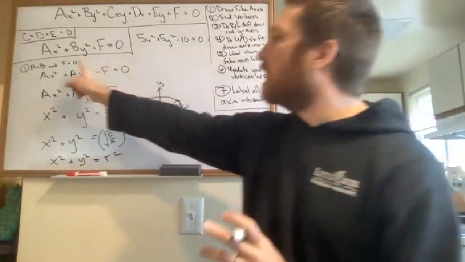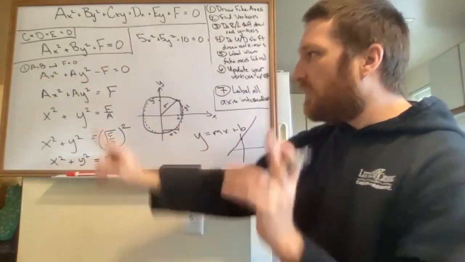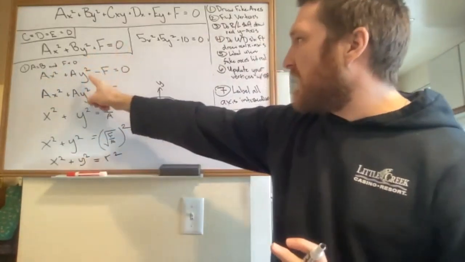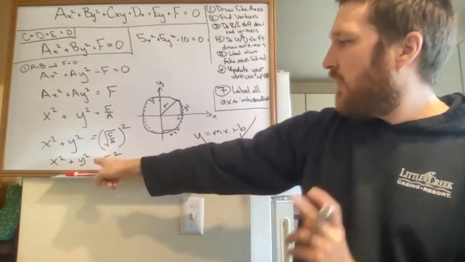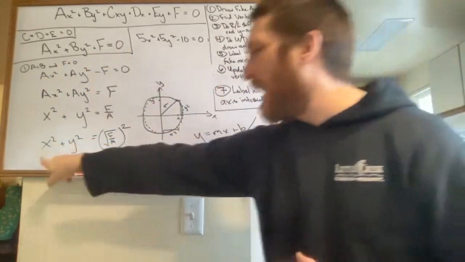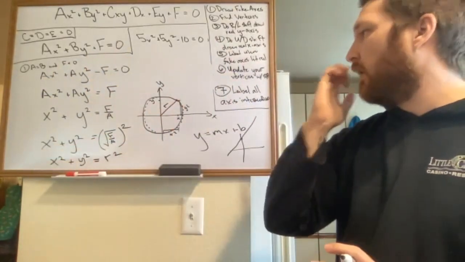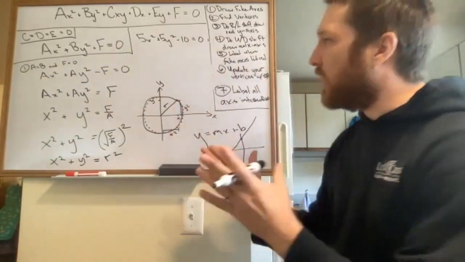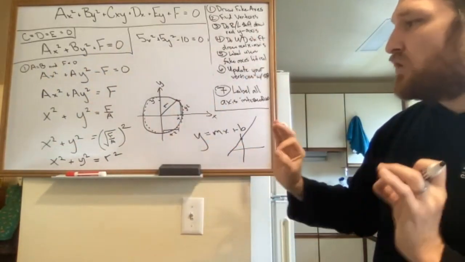We could take this crazy looking thing and say, well, hold up. If I could rewrite it like this, then I could see that it is a circle at the origin, and it has a radius of r. Okay, so that's why we're doing it that way.